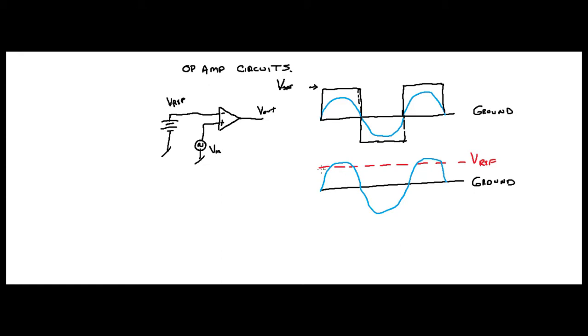So when your non-inverting input has a larger voltage than your inverting input, that occurs now at this point, doesn't it? And right here. And right here. And right here. So look at the effect of this.